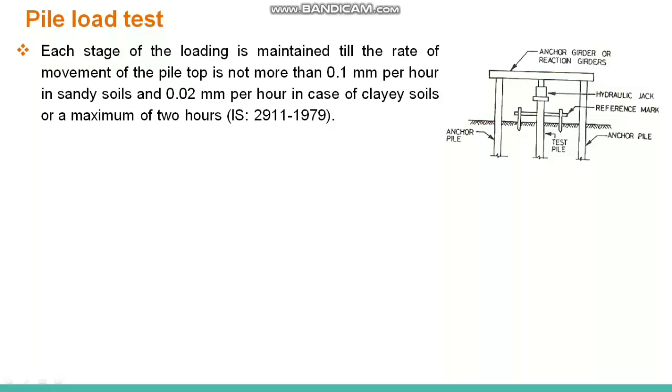Each stage of loading is maintained till the rate of movement of the pile top is not more than 0.1 mm per hour in sandy soil, and 0.02 mm per hour in case of clayey soil, or a maximum of 2 hours. That is mentioned in IS code 2911-1979.